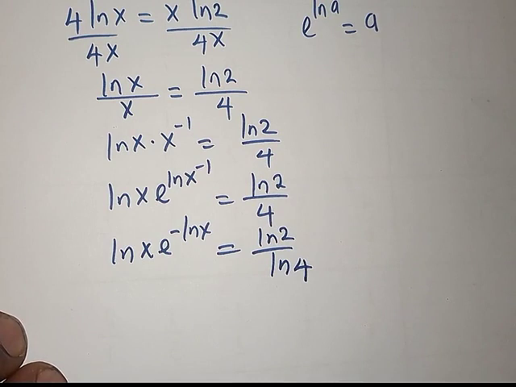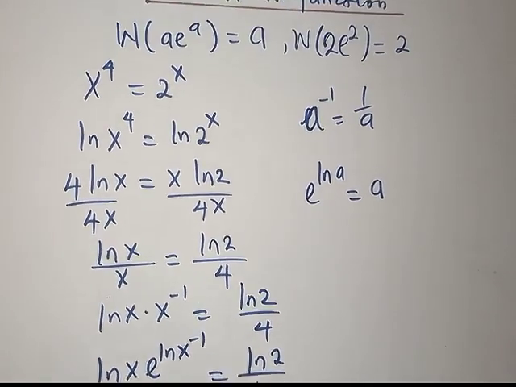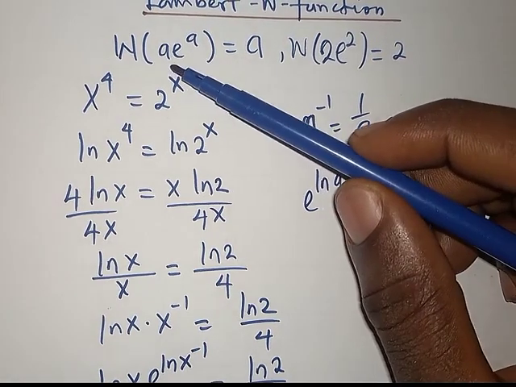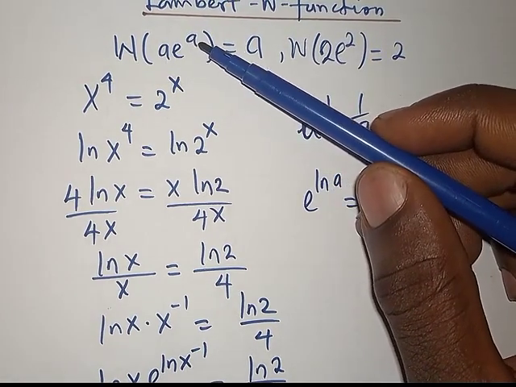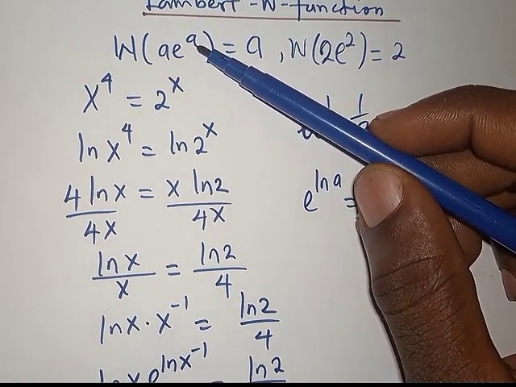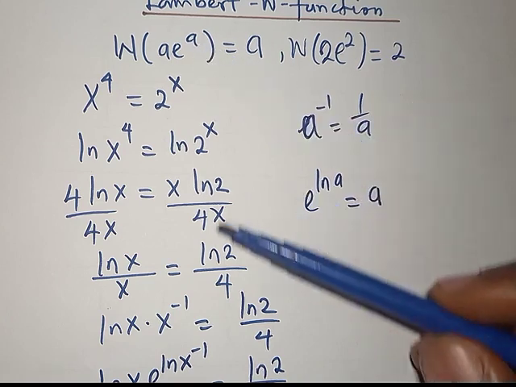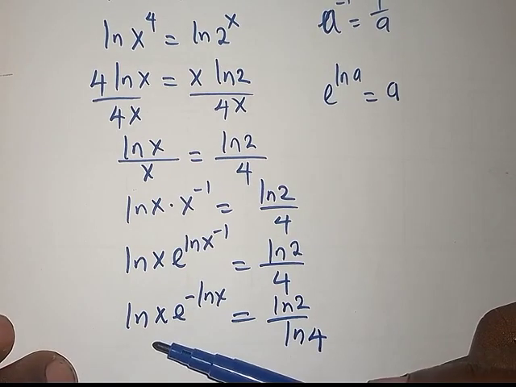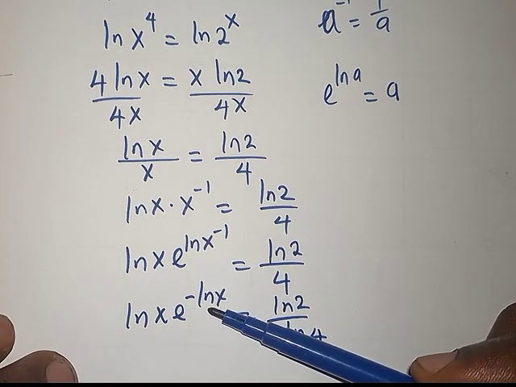From there, the next thing we are going to do is, we can see that here we are getting something beautiful. When you recall the Lambert form we have up here, you can see that a is here, and a must also be the power of the exponent, that is e. So now look at this, we have ln x here, and we have minus ln x here.